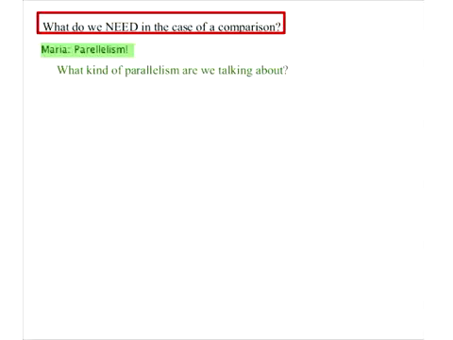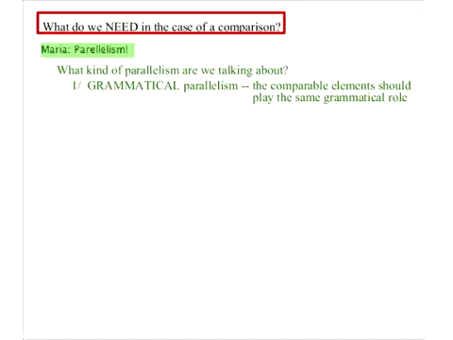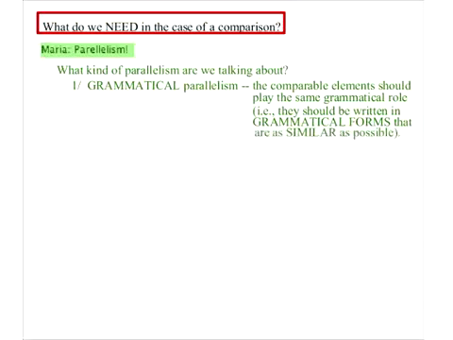Ideally, the parallel elements, the comparable elements, should play the same grammatical role. So they should be written in grammatical forms that are as similar as possible. This is true. What's the other kind?